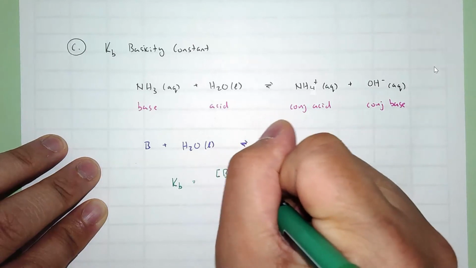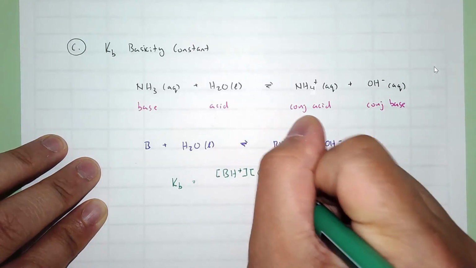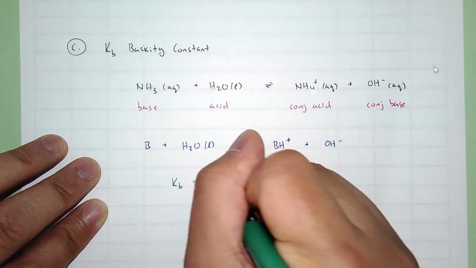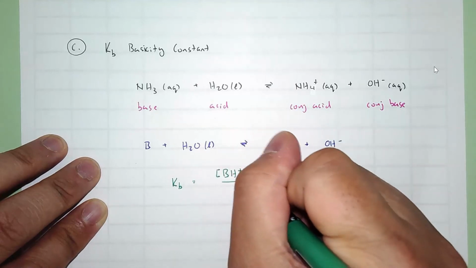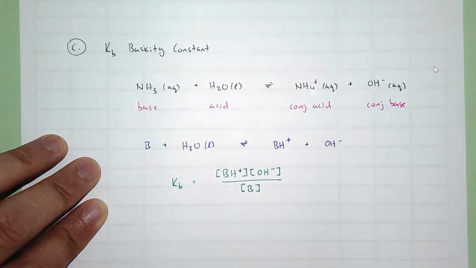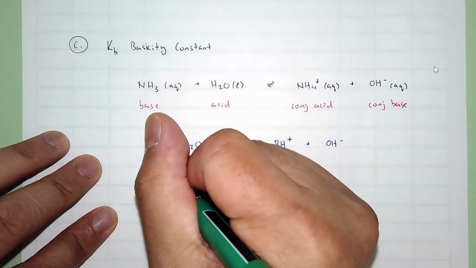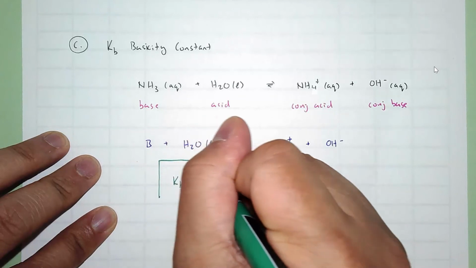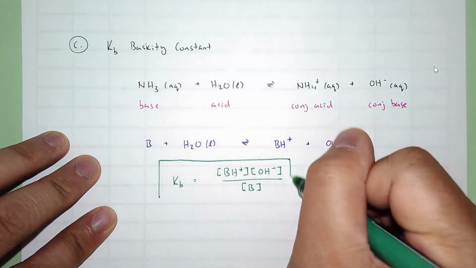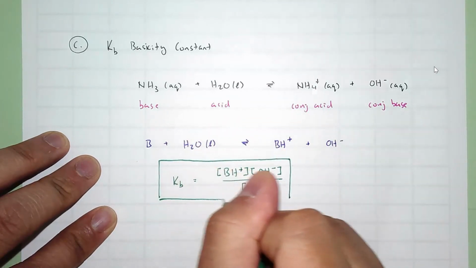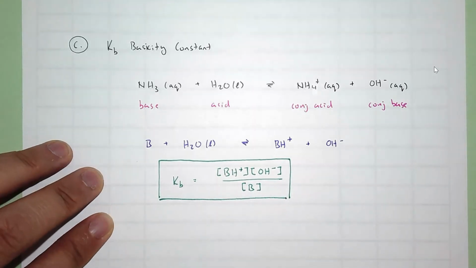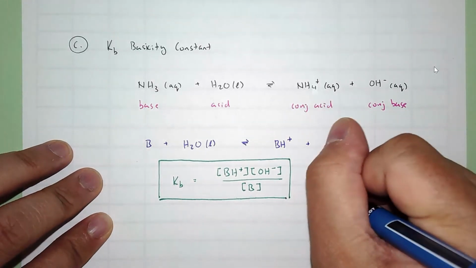BH plus times OH minus divided by the equilibrium concentration of the base. Again, this is at equilibrium.